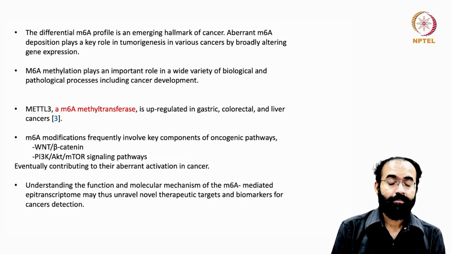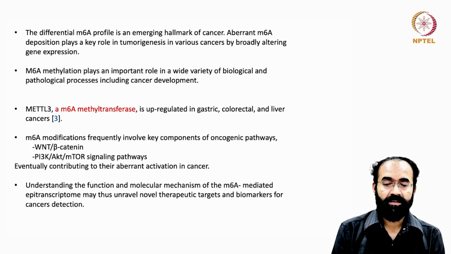M6A methylation plays an important role in a wide variety of biological and pathological processes, including the formation of cancer. One example: METTL3, an M6A methyltransferase, is upregulated in gastric, colorectal and liver cancers.